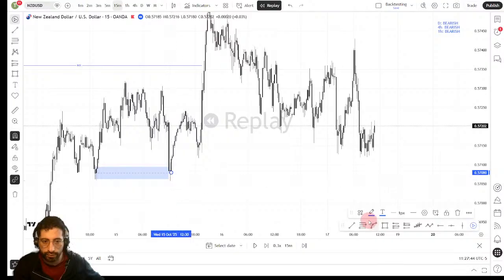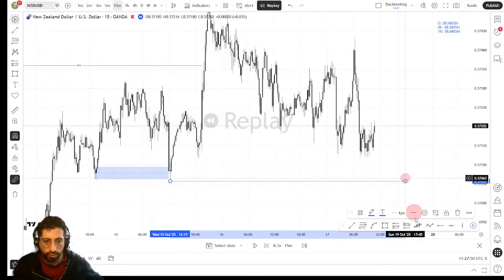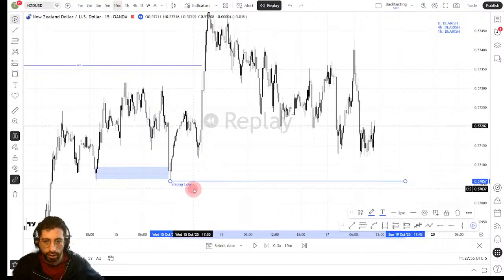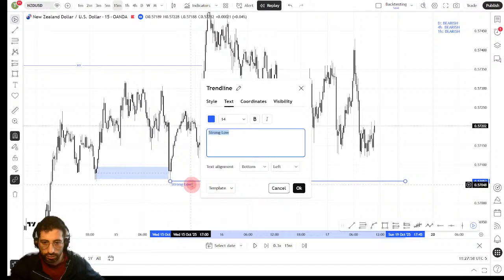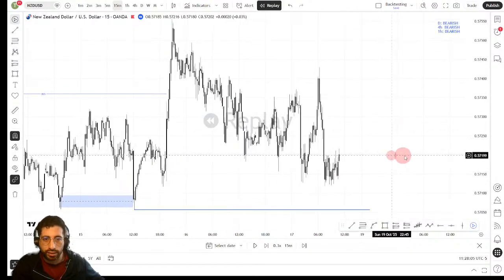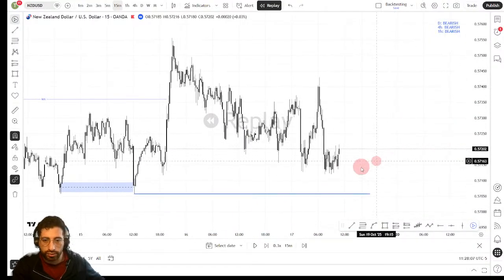And here we have the boss. So this is the strong low in 15 minutes. Anyway, you find it, you understand it, right? So this is the strong low in 15 minutes.